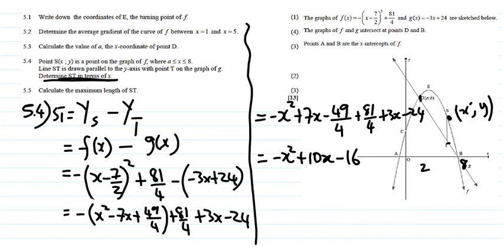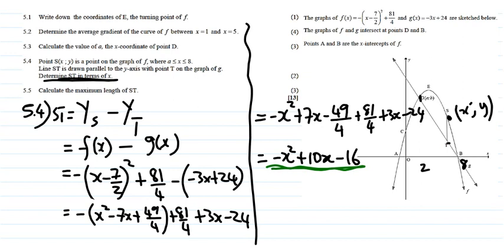Now, this is the new function for what? For the distance st. Are we together? Now, think about this. Do you notice that this function itself is a parabola? Which means we have two options.